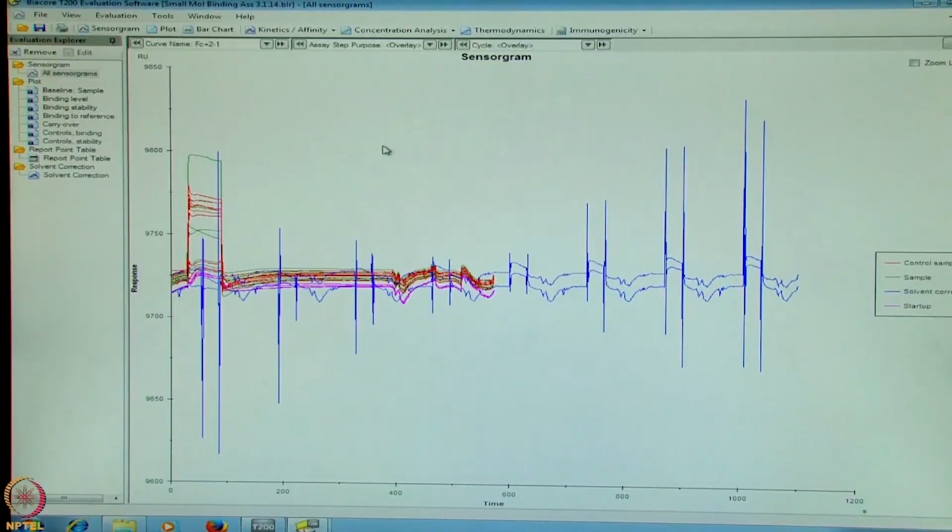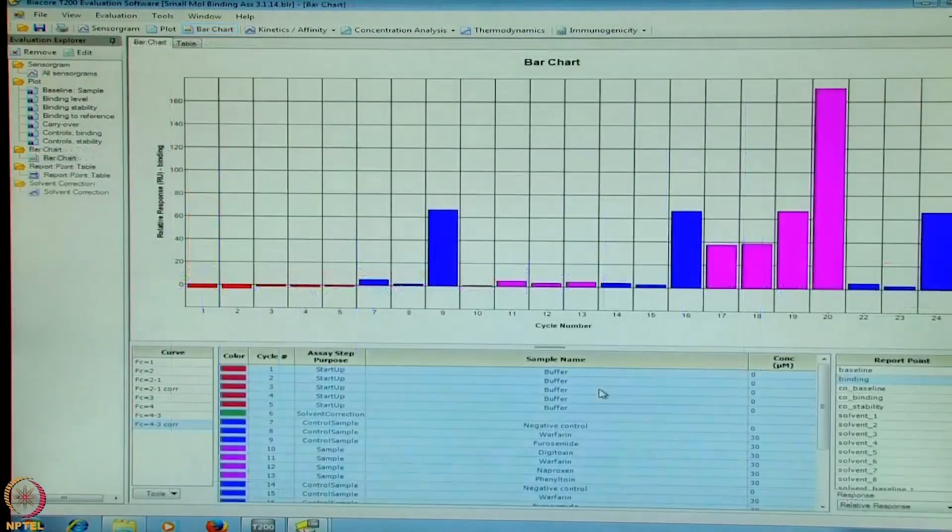Here another point is that we could evaluate the data in a bar chart mode. We have various startups, solvent correction, control samples and various components injected here and their interaction with the surfaces.